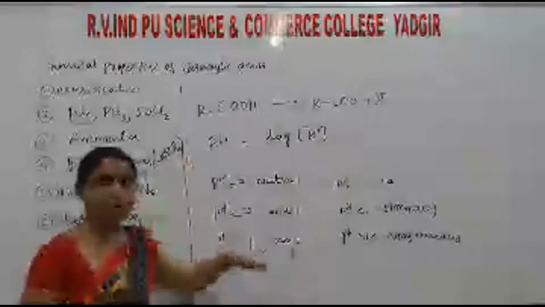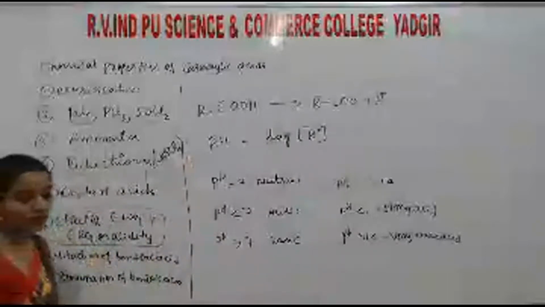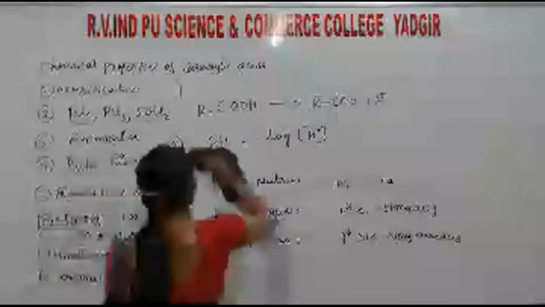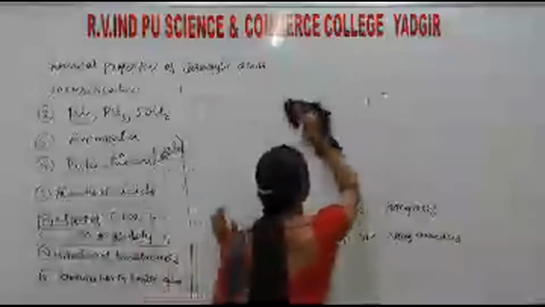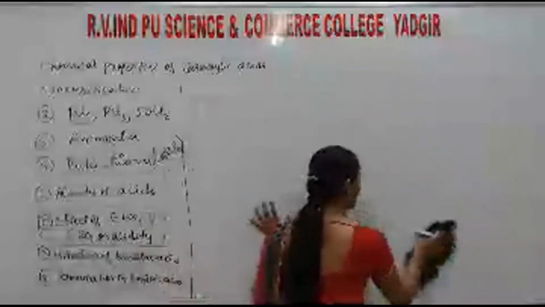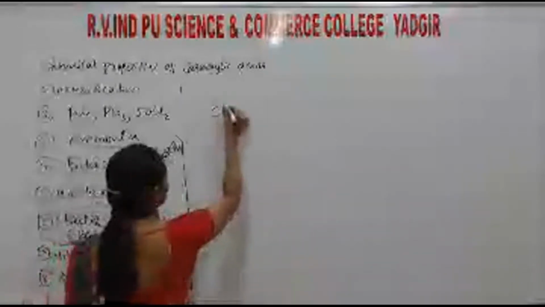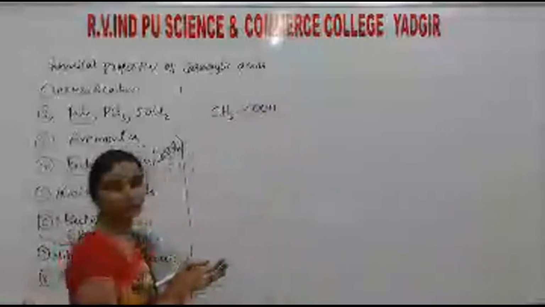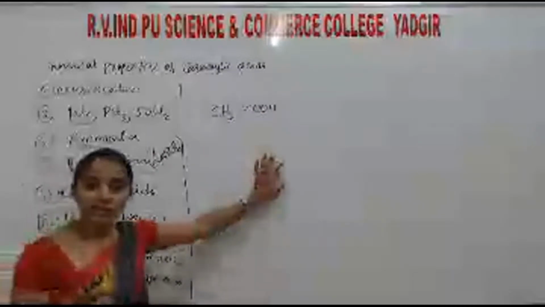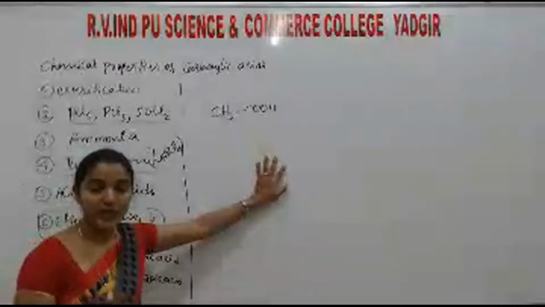This is the range. But the important thing is the effect of electron withdrawing and electron releasing groups on the acidity of carboxylic acids. So students, here I will take both aliphatic carboxylic acids as well as aromatic carboxylic acids. So for aliphatic, I will take this one as the example. Electron releasing groups means what? Alkyl groups are the electron releasing groups.